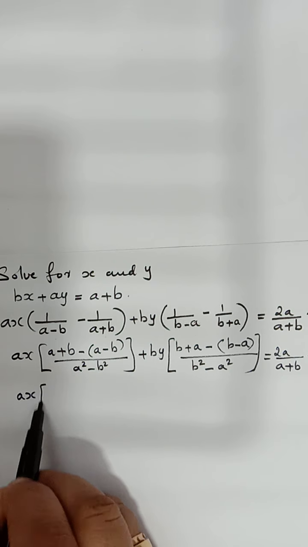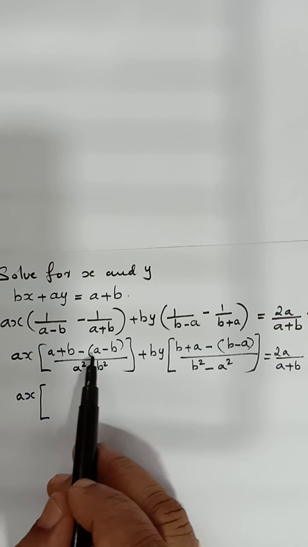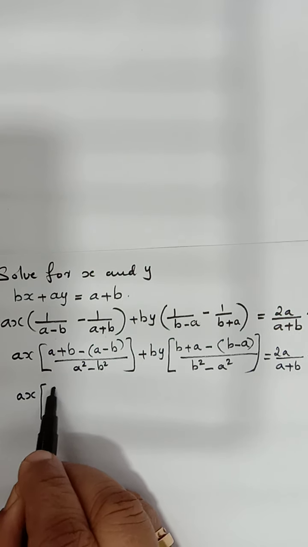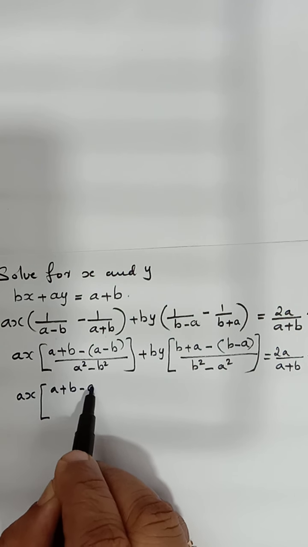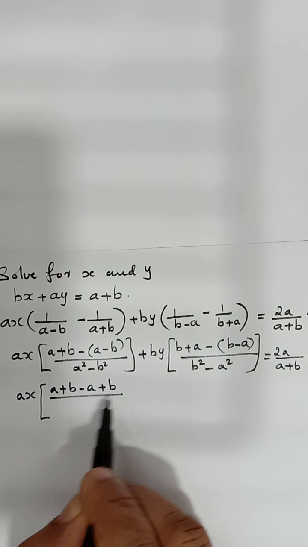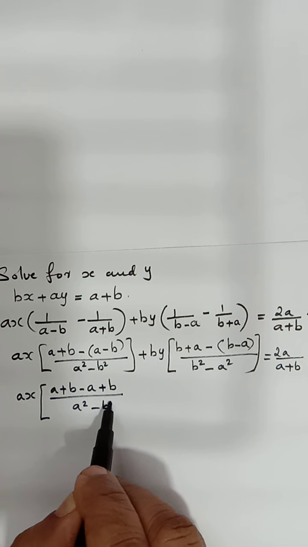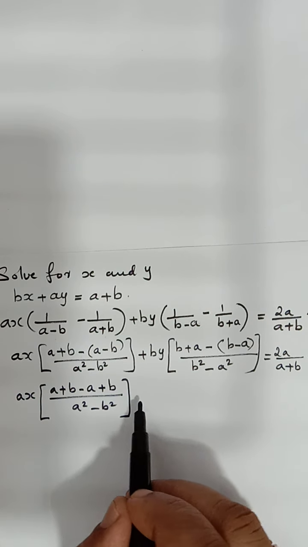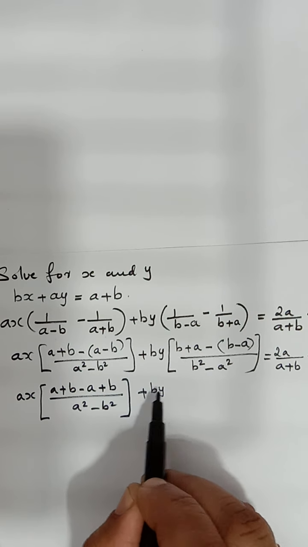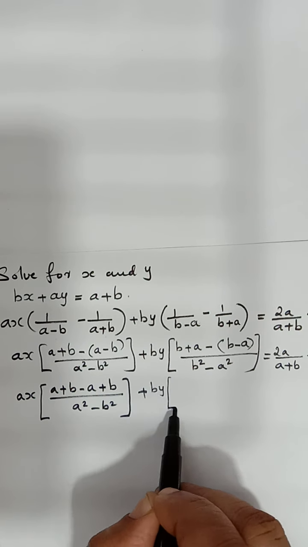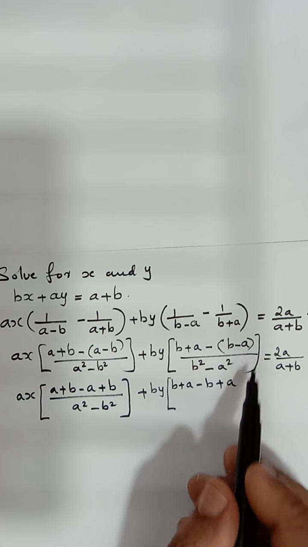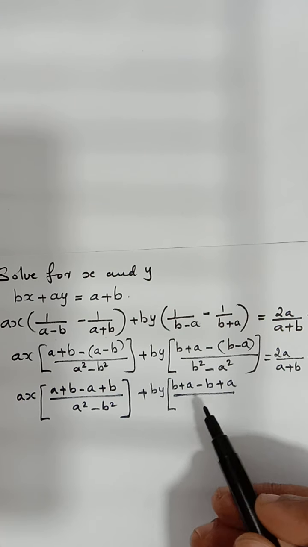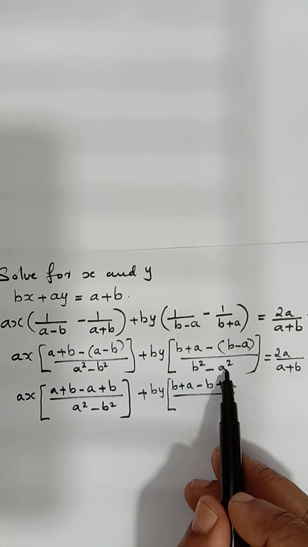Again, when we simplify, this is a plus b minus a plus b, divided by a square minus b square. Okay, plus by into b plus a minus b plus a, opening bracket plus a, divided by b square minus a square.